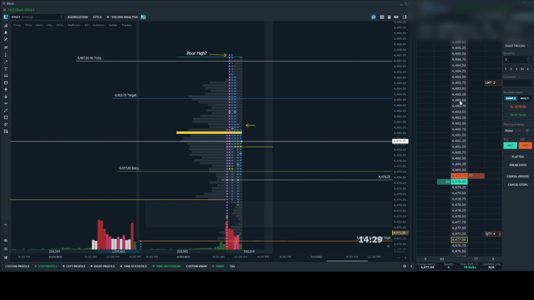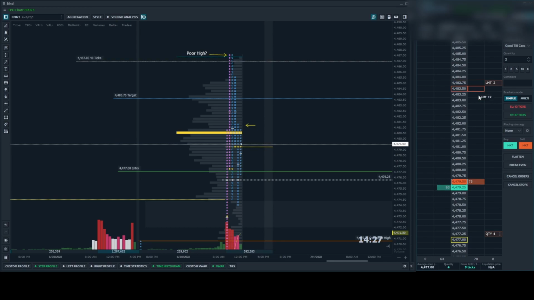And again, if we're really moving, I might move this up and then use my stop to replace it underneath it if we get past it.